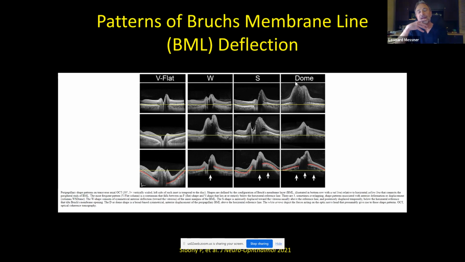So a very simple way of thinking about this is that under normal circumstances, the Bruch's membrane complex should be at the very least going straight across, or flat, or going down. If it's bowing inward in any way, shape, or form, that's abnormal, and that's suggestive of elevated intracranial pressure.